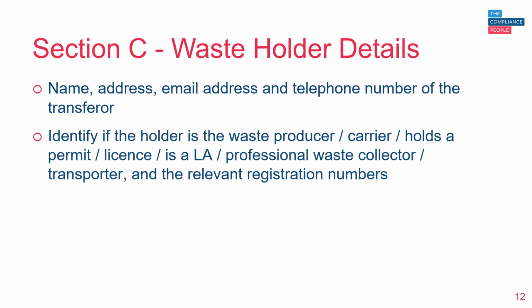We need to identify if the holder is the waste producer or carrier, if they hold an environmental permit or waste management license, is it a local authority, a professional waste collector, a transporter, and we also need the relevant registration numbers if they hold any of the authorisations just mentioned. We also need to record the standard industry code for the business of the waste holder, so that's the SIC code. And finally, we need to have the signature. It's very important that this is signed.